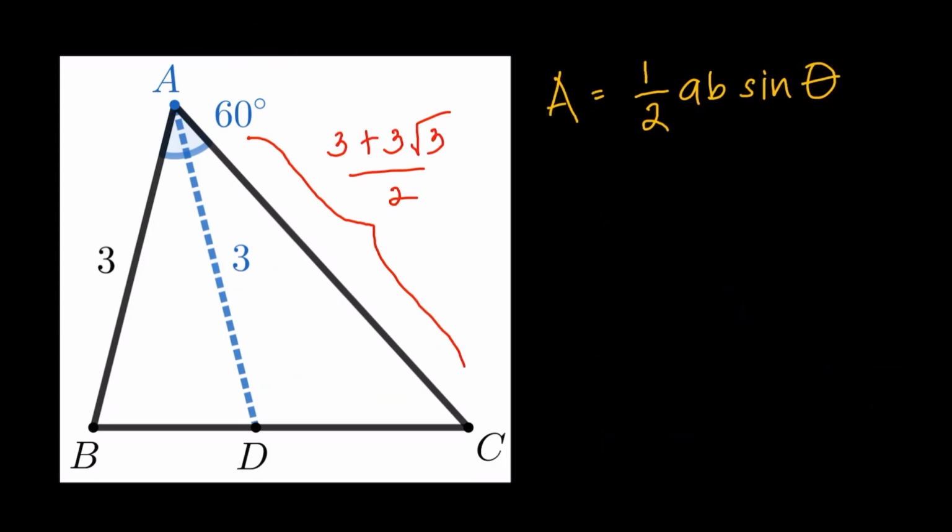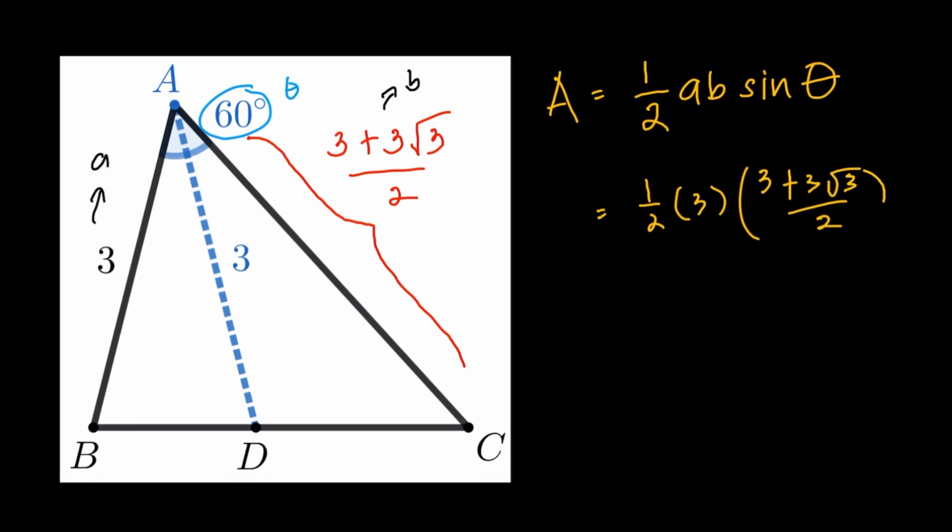Moving on, now that we have x to be that, it's literally just applying the formula. The area of the triangle should be equal to, as mentioned a while ago, I'll let this be the A, let this be the B, and I'll make this 60 degrees my angle theta, the angle between the two sides. So 1/2 times 3 times my 3 plus 3 square root 3 over 2, and then times my sine of 60 degrees, and all I have to do is evaluate this.